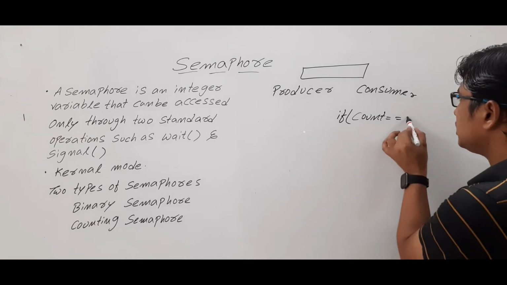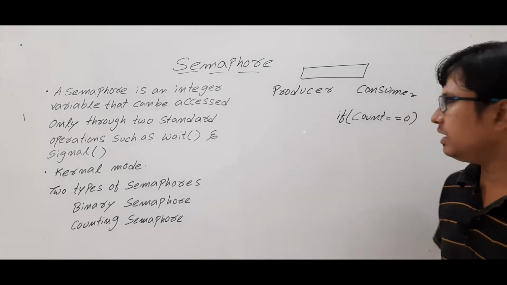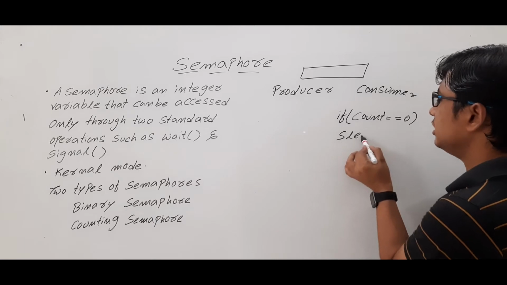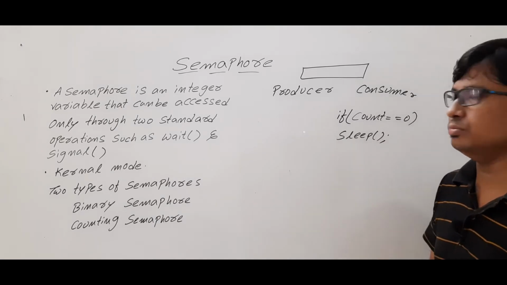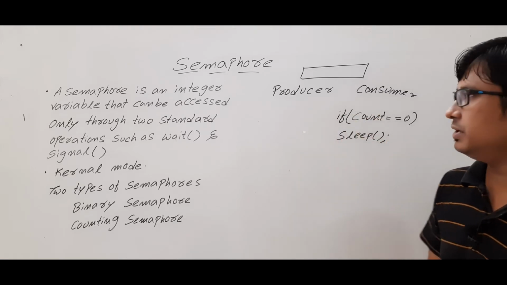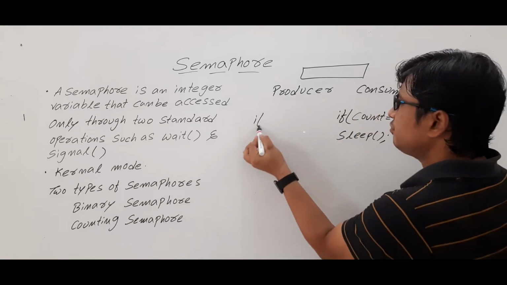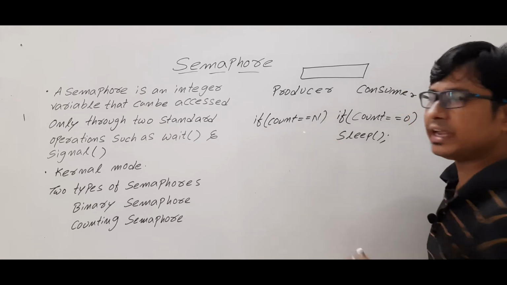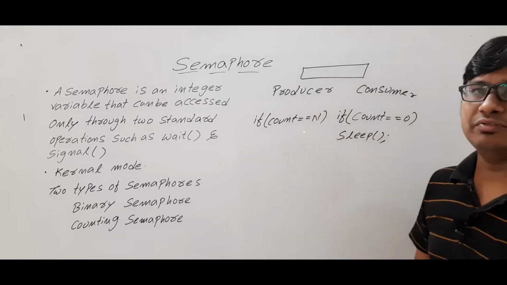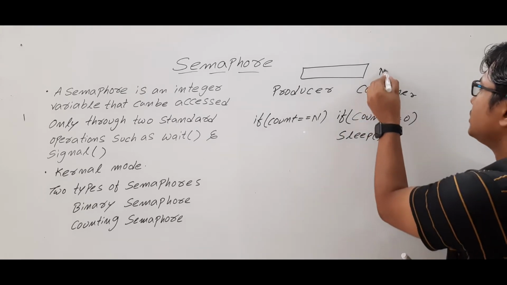If count is equal to 0, then consumer will go to sleep. Am I right? Because there are no items in the buffer to consume, so the consumer will go to sleep. Similarly, if count is equal to n, meaning n is the limit of the buffer. Suppose let's take that n value is equal to 10.